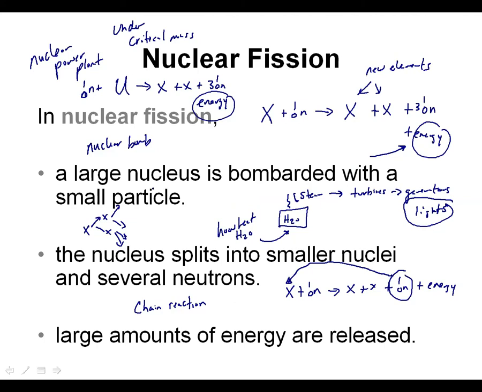It would exponentially grow energy and radioactive particles everywhere. To keep this reaction going and self-sustaining, you need what is known as a critical mass of, say, something like uranium. If you have a critical mass of uranium, it will keep this reaction going and going and going. So in a nuclear power plant, they essentially keep it under critical mass.